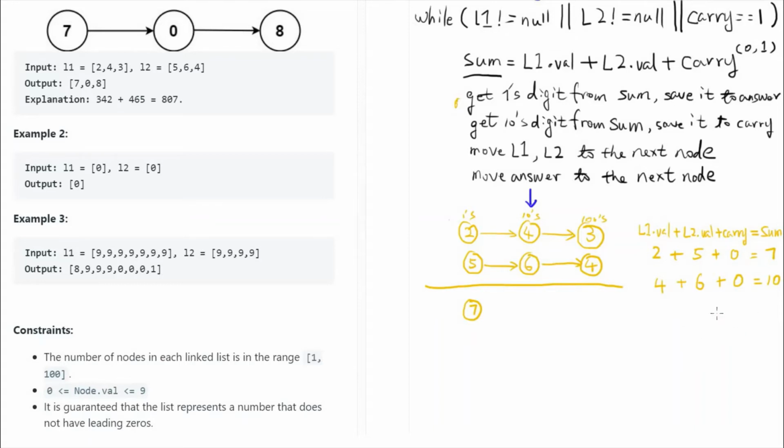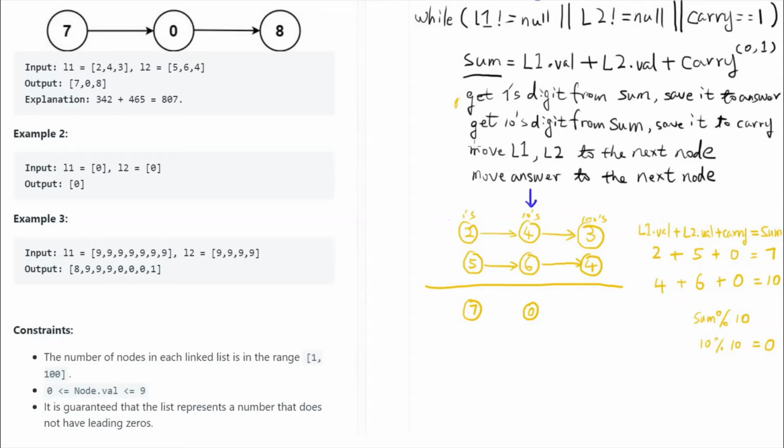The way we do that is to use the mod operation. So we're going to do sum mod 10. And here 10 mod 10 gives you 0. So here we save the 0.